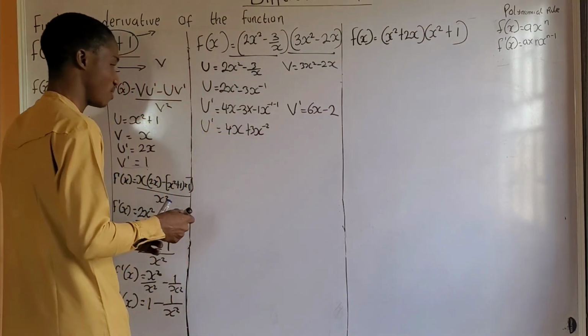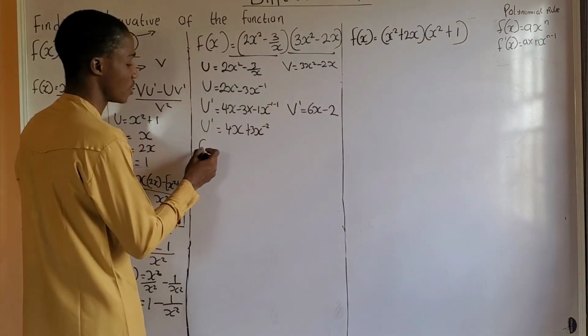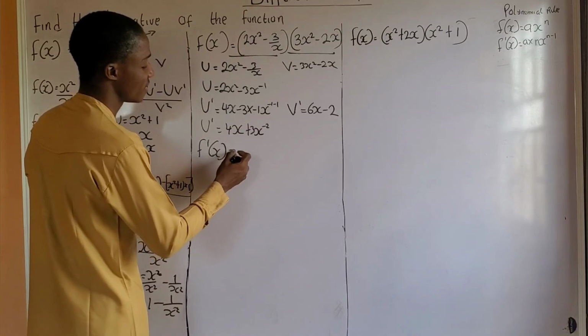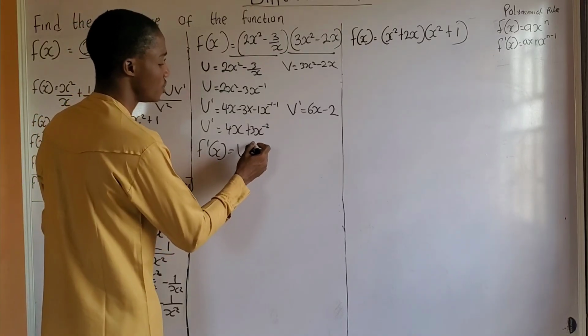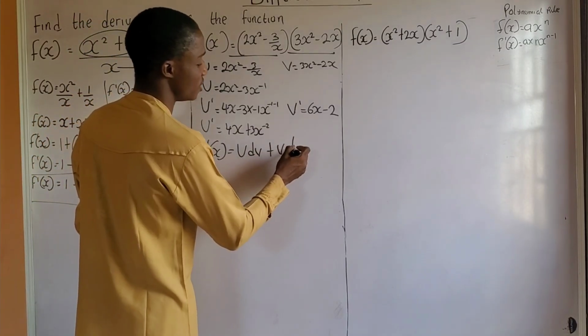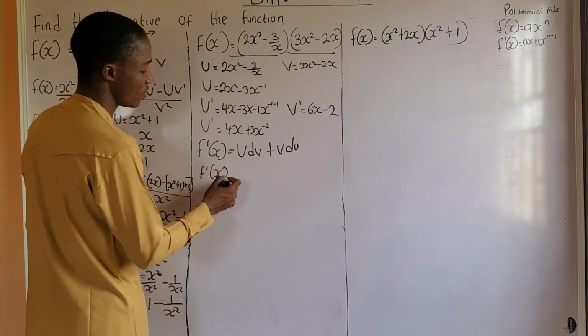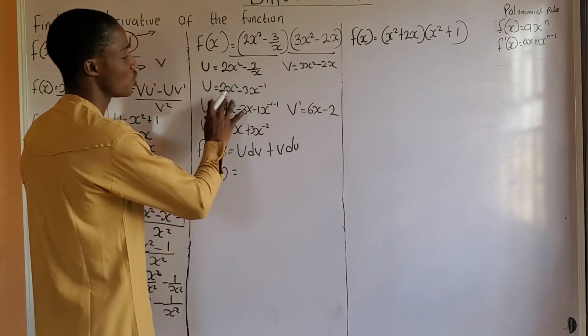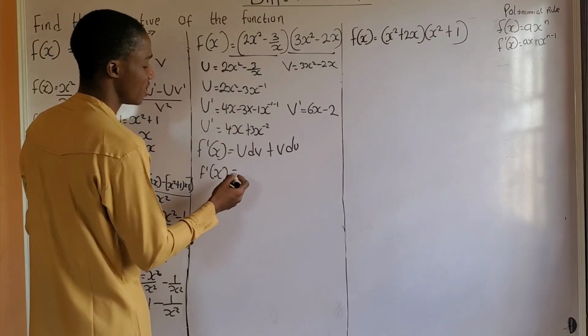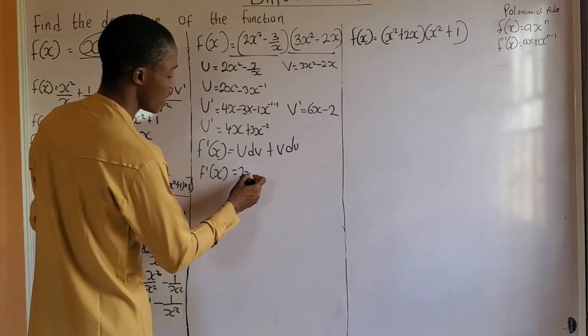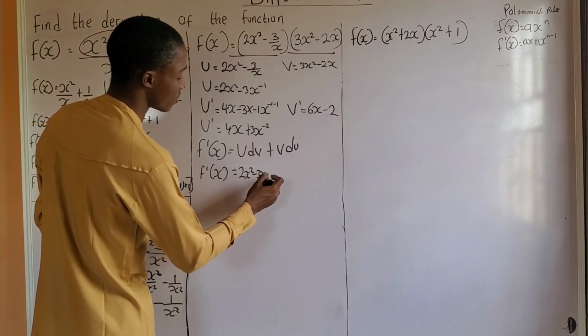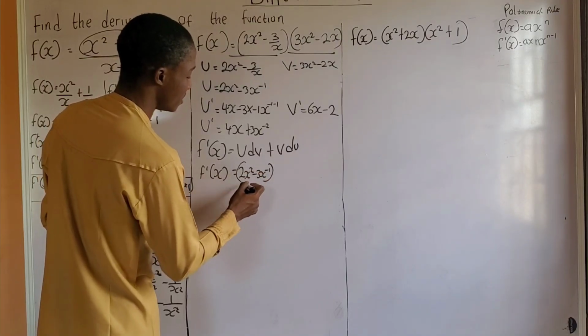Yes. Now, product rule. The derivative of f of x is equal to u dv plus v du. Okay? Now, u is what? u is 2x squared minus 3x raised to the power of minus 1. So I'm going to have 2x squared minus 3x raised to the power minus 1 multiplied by dv.